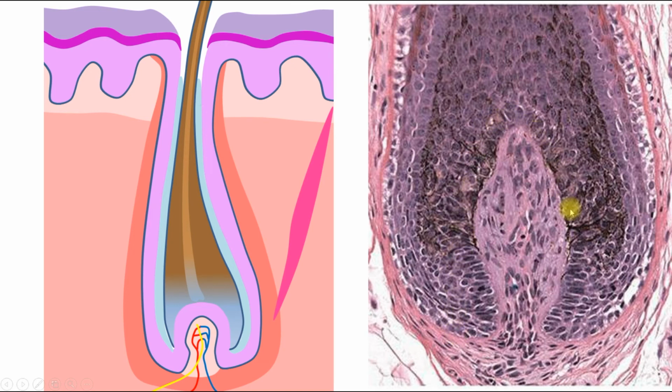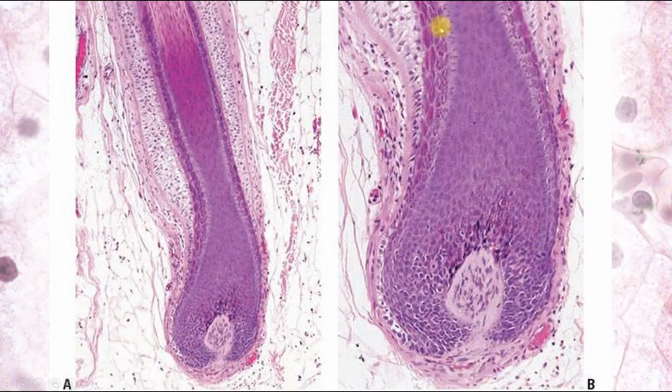And here is the hair matrix, the hair papilla, and there are melanocytes which produce melanin, and this melanin is taken up by keratinocytes. They undergo keratinization, and they also take up keratin. That's why hairs have their own color.